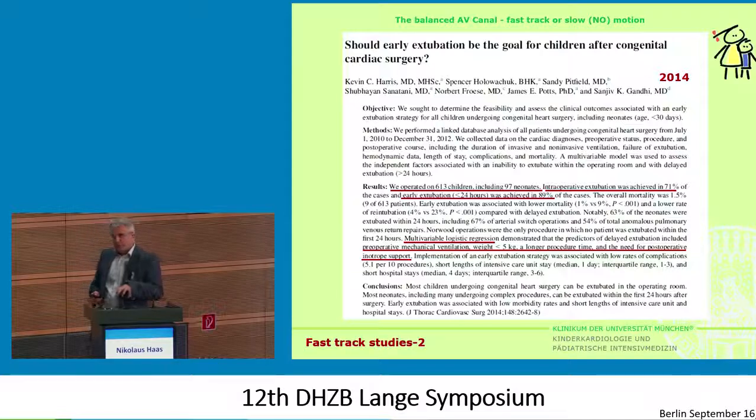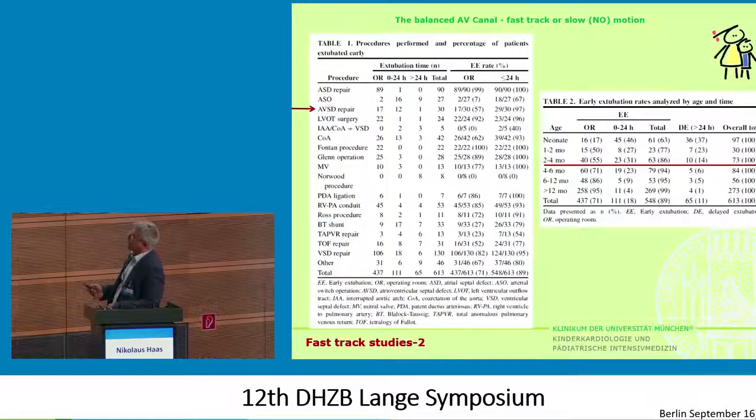However, if you look into detail, most of these patients, even the neonates, have been somehow healthy patients. Not those sick patients with pulmonary hypercirculation, AV valve regurgitation, heart failure before, etc. If you look at the AVSD patients, around 60% only in theater, and then after 1 day, around about 100%.